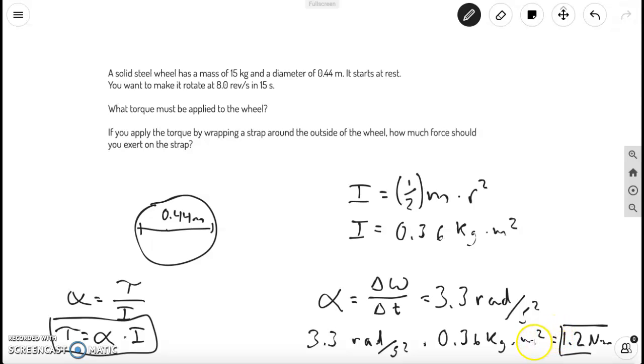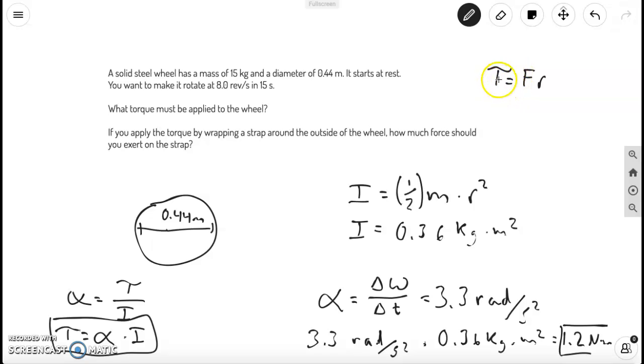So if we're looking at how we want to do that, we are going to come back to our equation for torque. So torque equals force times radius. And then because we're applying it at a perpendicular angle, we're going to ignore the sine theta, because that will just equal 1.